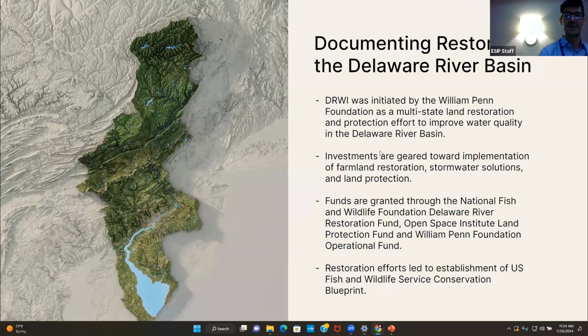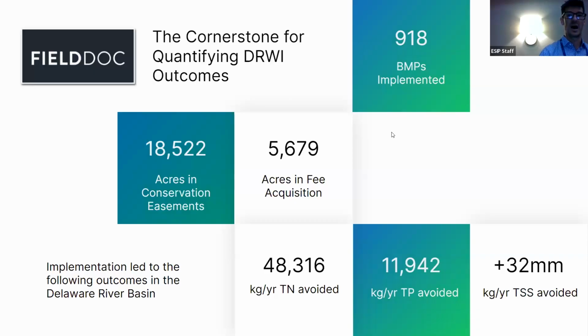And so we worked to really start to quantify this work. That was a key area where our organization was brought in, to establish a means for tracking these respective practices. This is a progress snapshot of the Delaware River Watershed Initiative in terms of acres implemented.